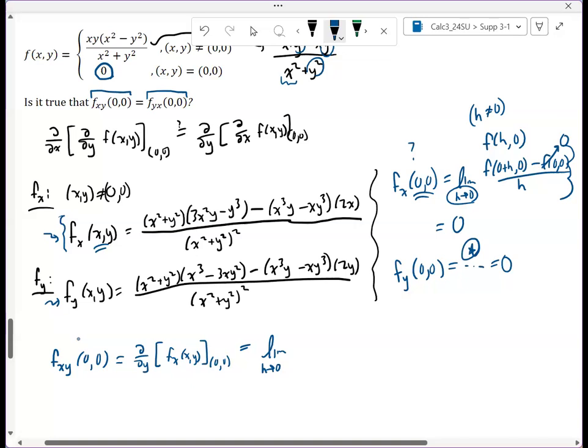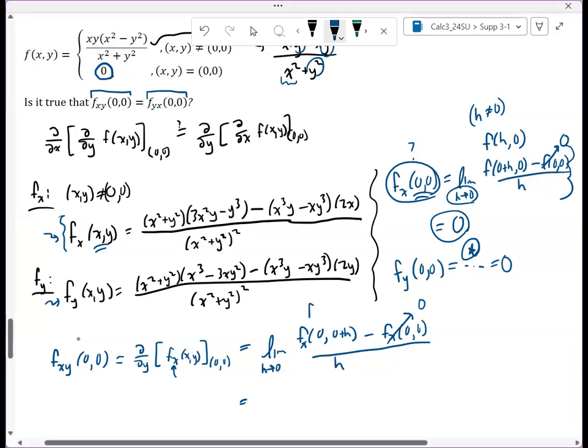The y partial means we vary y. So that's f of 0, comma 0 plus h, fx of that, because that's the function that we're inputting, minus fx of 0, comma 0, all over h. But wait, fx of 0, 0 is 0, so that just goes away. Fx of 0, comma 0 plus h, that's just fx of 0, comma h.